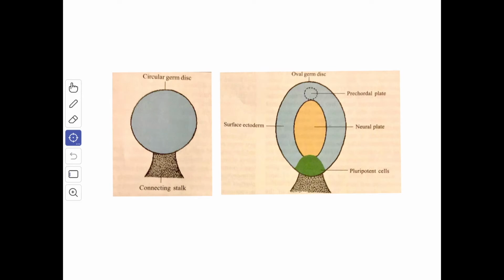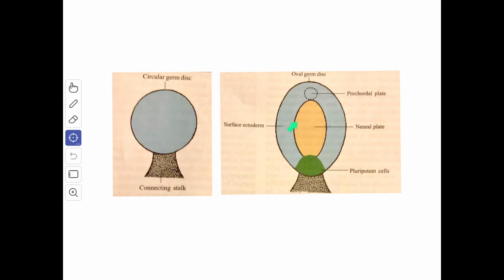The ectodermal layer of the disc, that is the epiblast, differentiates into three functional zones. The cells occupying the cephalic end and the adjacent peripheral margin of the disc form the semilunar area, which is known as the surface ectoderm. So this area is the surface ectoderm, which is destined for the development of the epidermis of the skin.